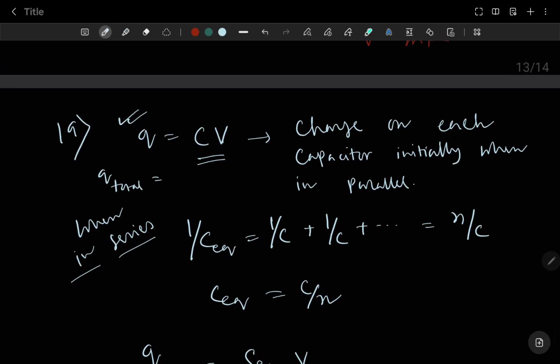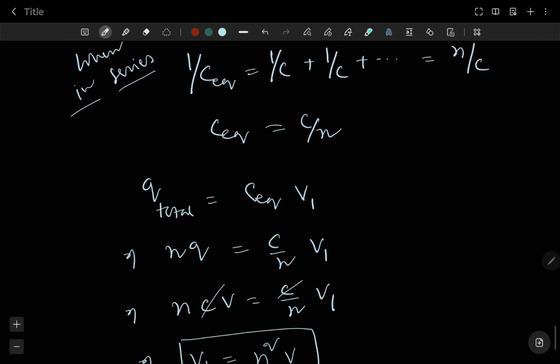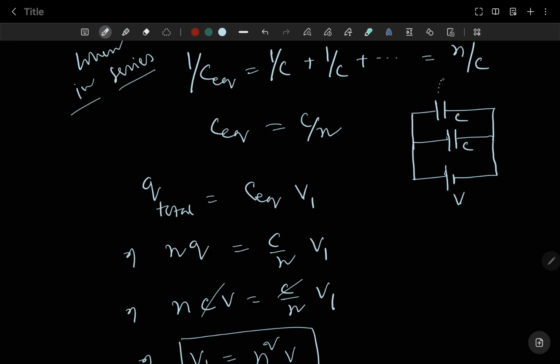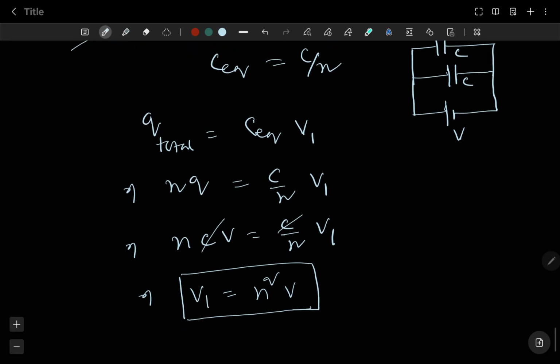Q total is NQ, is NC. So initially it was like this: V, there are N identical capacitors C. After being charged, they all have the same charge Q. Then they are opened and connected in series like this.